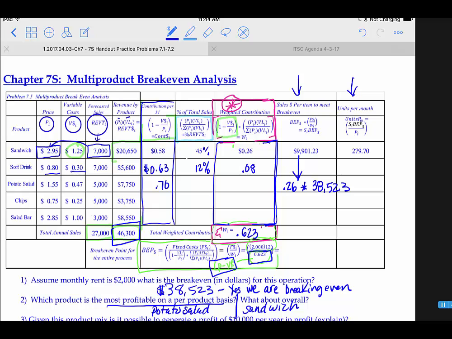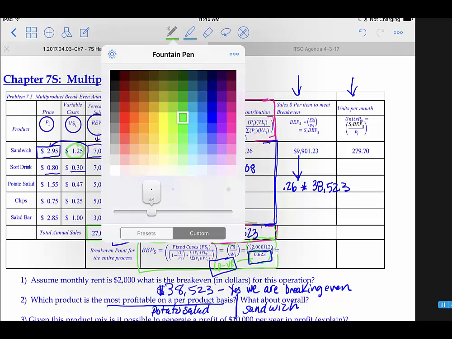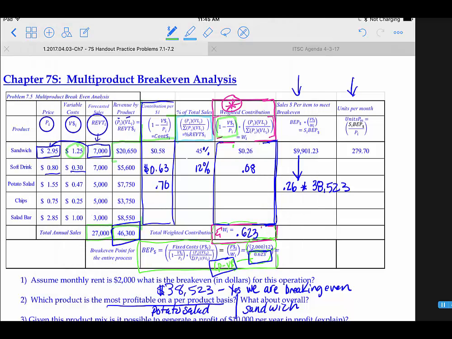So I'm going to tell you that in order to get the right number that's on the page, we have to write 0.257, which is the 3 decimal equivalent of 0.26, and then we'll multiply that times 0.38523, and we will get 9,901.